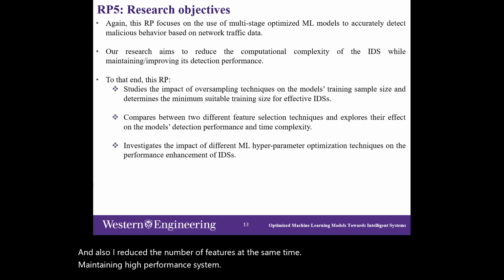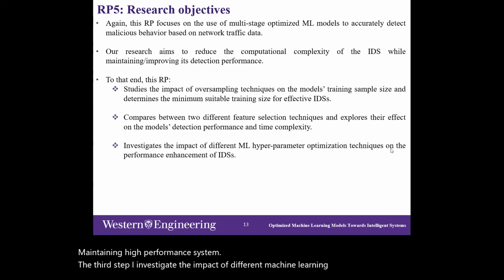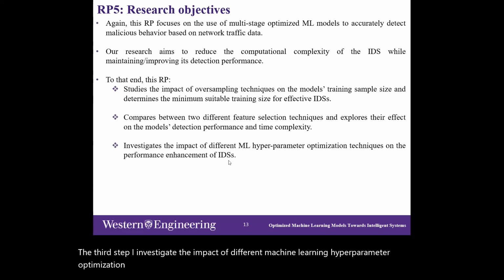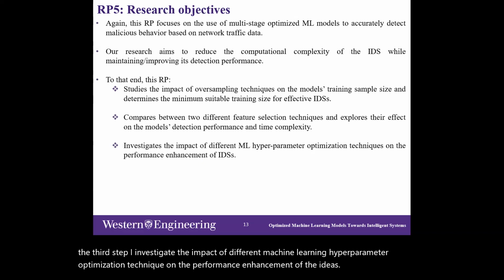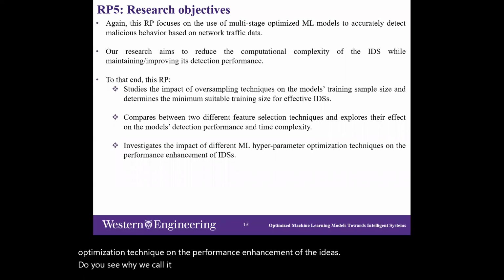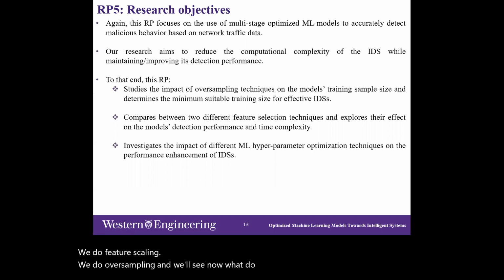Then the third step, I investigate the impact of different machine learning hyperparameter optimization techniques on the performance enhancement of the IDS. Do you see why we call it multi-stage? At the beginning, we do feature scaling. Then we do oversampling, and we will see now what we mean by oversampling.